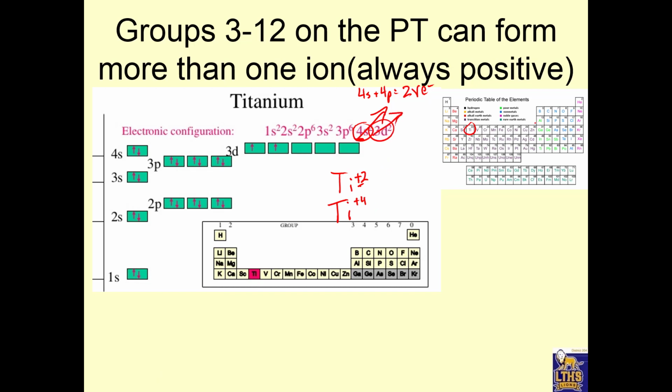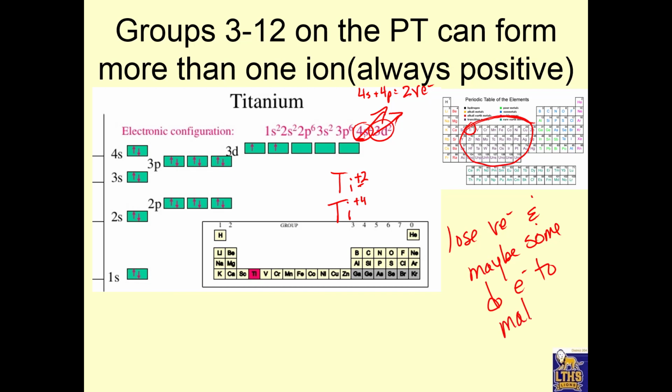So transition metals, these ones in the middle, don't have charges you can memorize. There are some that we will, but they can have multiple ions because they can lose their valence electrons, sometimes, and maybe some d electrons to make ions.